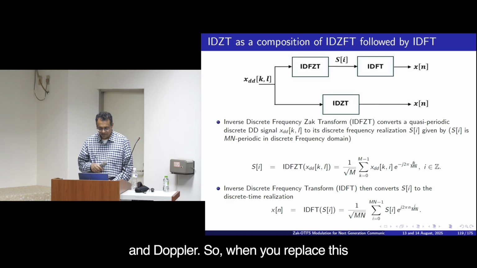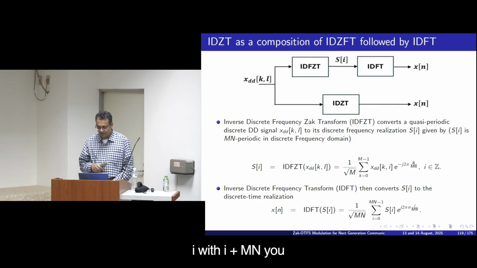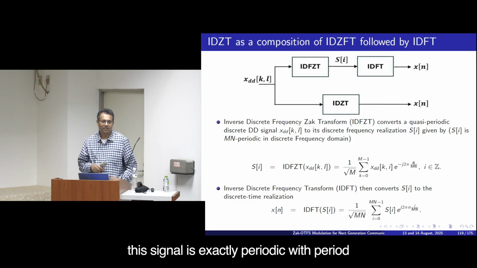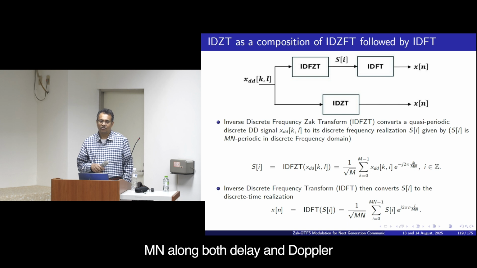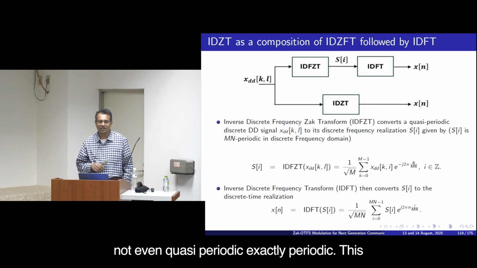So when you replace this I with I plus MN, that is the same as I, because this signal is exactly periodic with period MN along both delay and Doppler, not even quasi periodic, exactly periodic. The question, yeah.